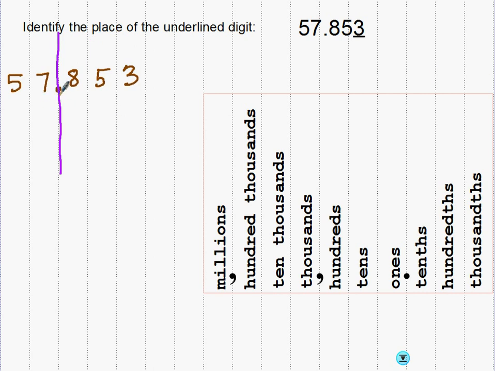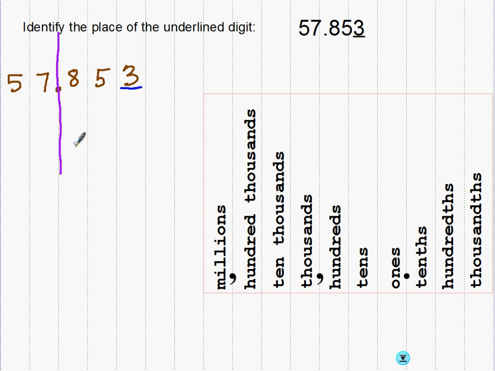All right, using my decimal as a beginning reference point, I start at the decimal and go to my underlined digit, counting places over until we get there. So we can see that it's 3 places to the right. And when I look at my place value chart, 3 places to the right of my decimal is tenths, hundredths, thousandths.